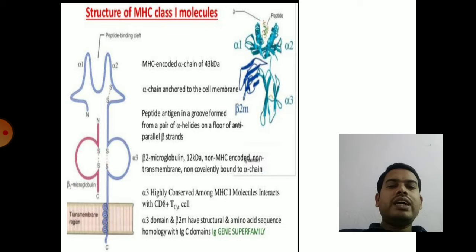It is the alpha 3 component that interacts with the CD8 receptor of T cytotoxic cells. So the alpha 3 part of this alpha chain plays an important role in antigen presentation, which contains the peptide cleft.